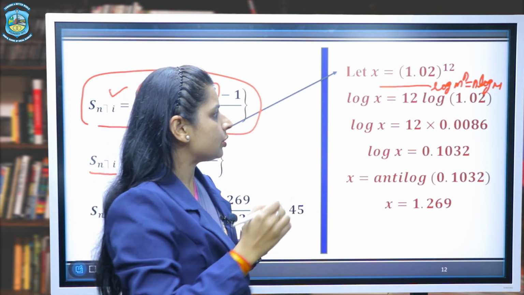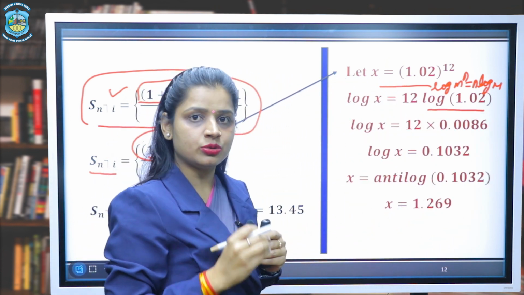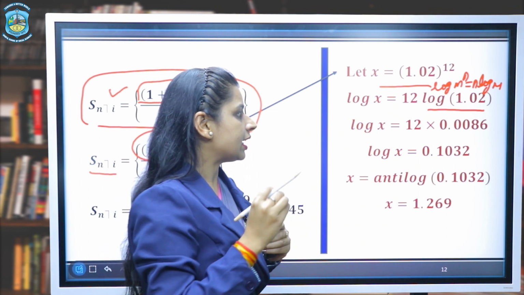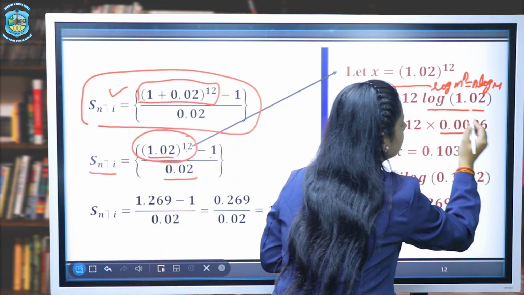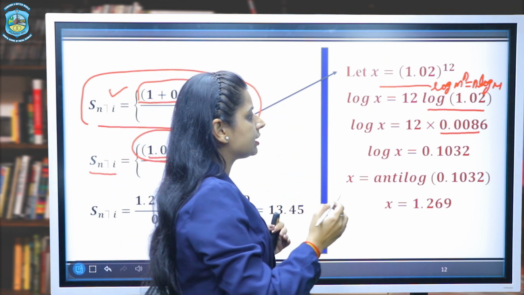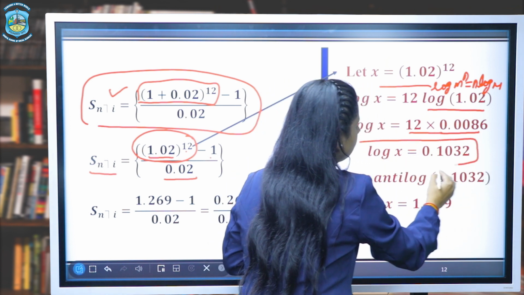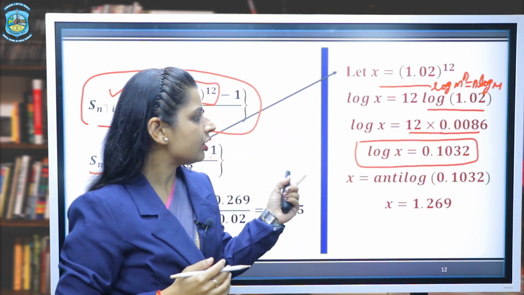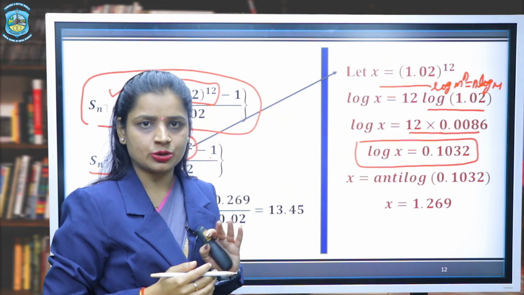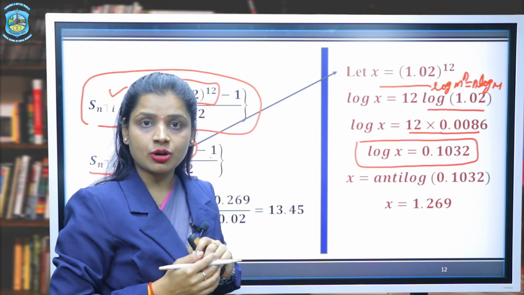Then we can substitute the value of log of 1.02 by using the log table. That value is 0.0086. After that, we multiply this quantity by 12 and get the value of log x as 0.1032. Now, that's the value of log x.